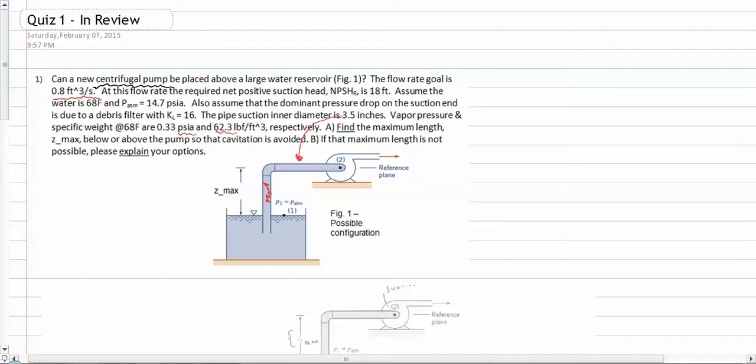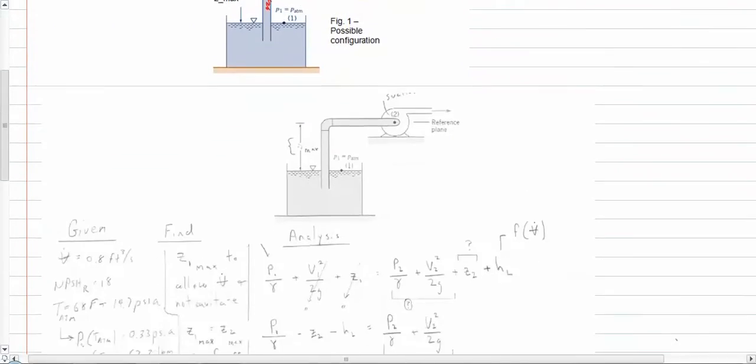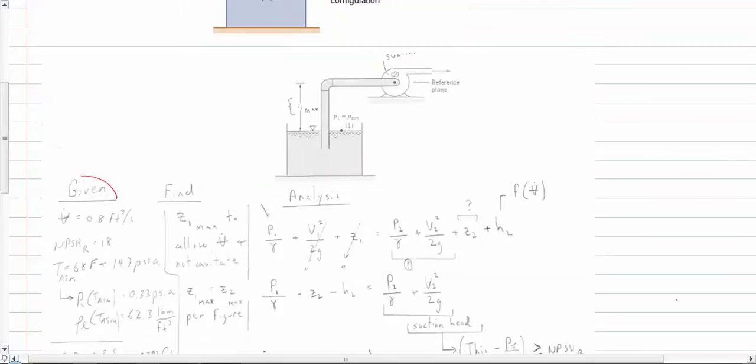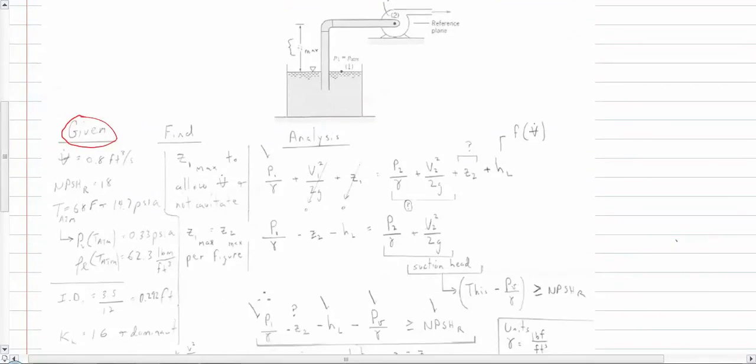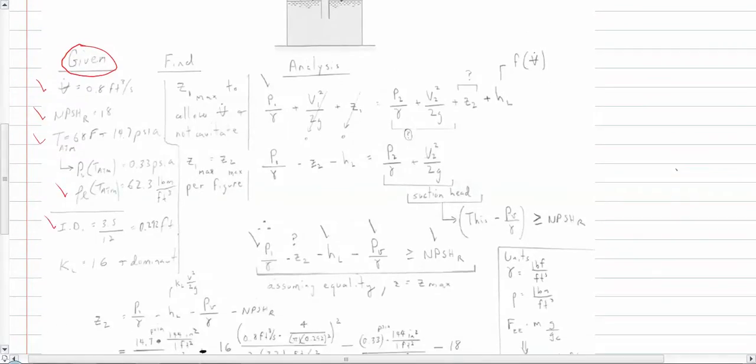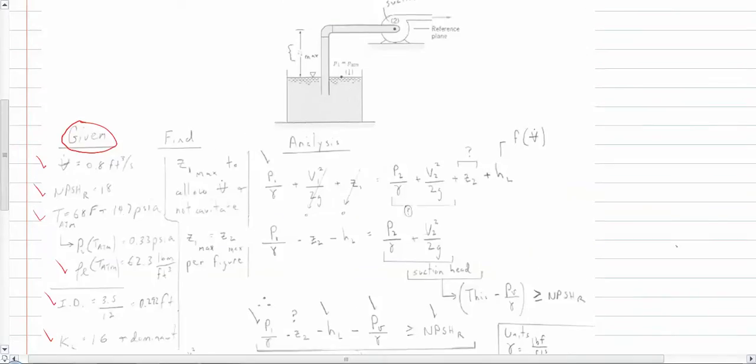We're going to look at the givens and be very clear about what we're seeking to find. So I'll rewrite the givens: flow rate, NPSHR, the temperatures. I did actually give you the specific gravity, or specific weight I should say. I've identified the inner diameter of the tube and the loss coefficient.